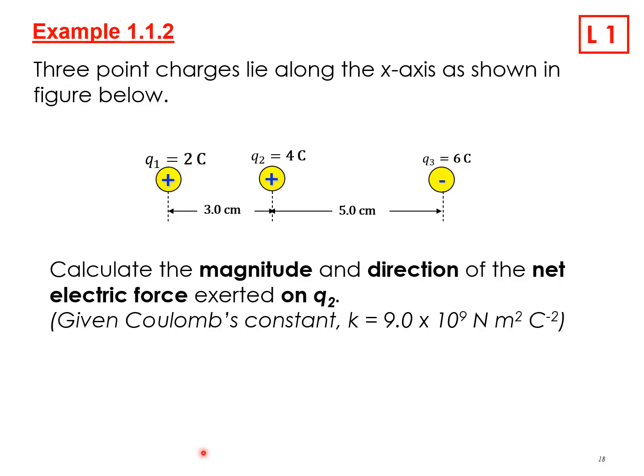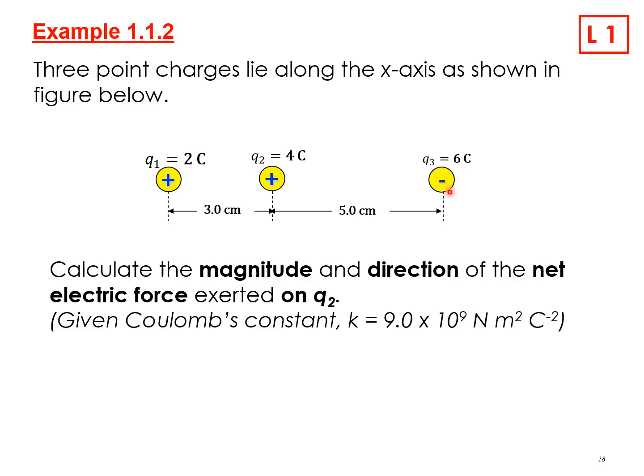Okay, we move to another example, example 1.1.2. You are given three point charges lying on the axis as shown in the figure below. You have charge 1, charge 2, and the third charge. Charge 1 is 2 Coulomb, positive charge. Charge 2 is also a positive charge, 4 Coulomb.